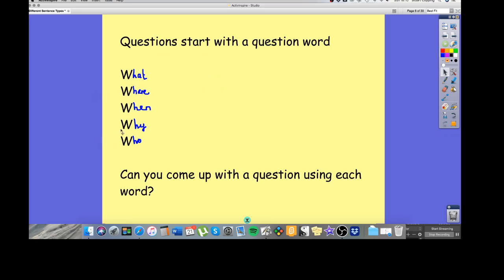Where are we going? When is it home time? Why do I have to do Mr. Copping's work? And who is at the door? 5 simple sentences. There are other question words as well, like did and can, but we're interested in the 5 W's for the moment. Okay, so that's statements and questions.